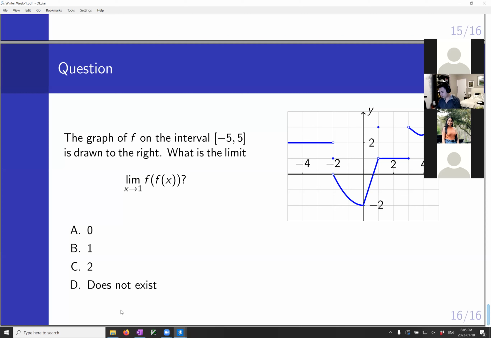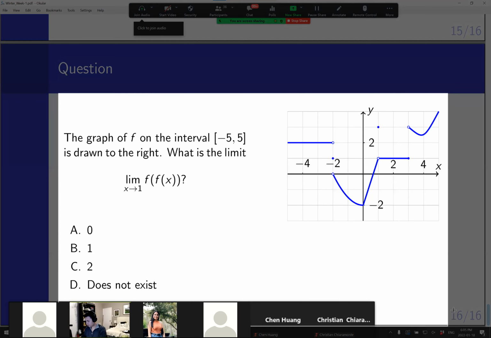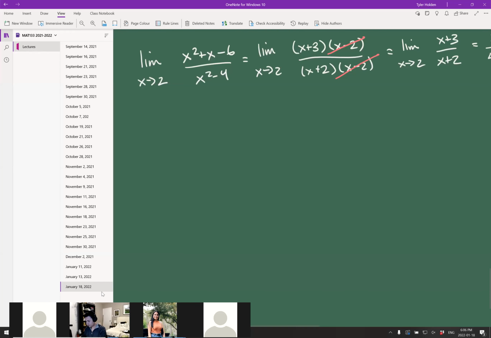We'll move the Zoom meeting down here. Why? Oh, because I'm already at the bottom. That's why. No, what are you doing? There we go. Okay.